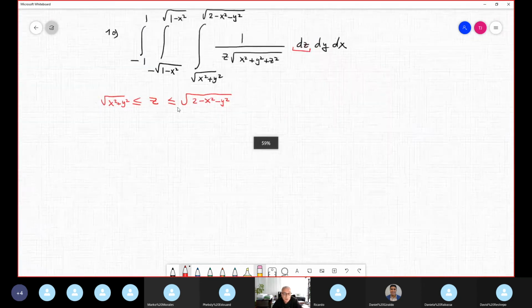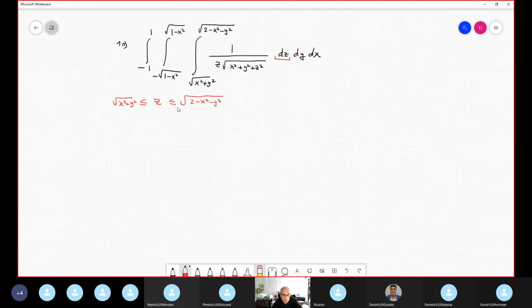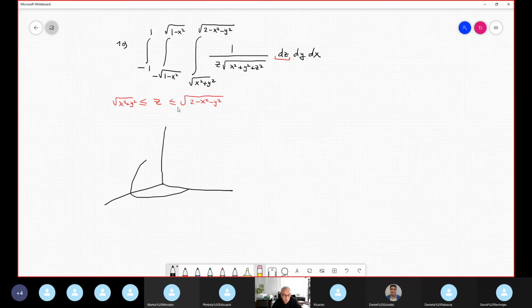It's similar, no? It's the famous sphere. So I put intentionally this problem because it's similar, but no, exactly the same. Look. This is the famous sphere. Okay, by the way, the radio is radical 2, no?